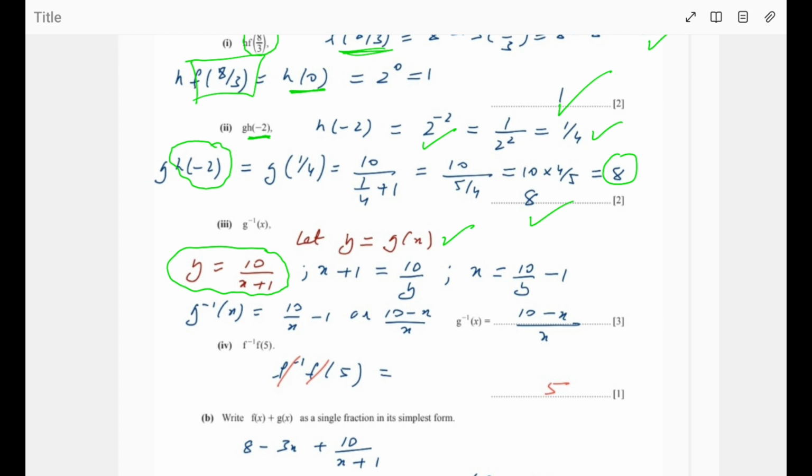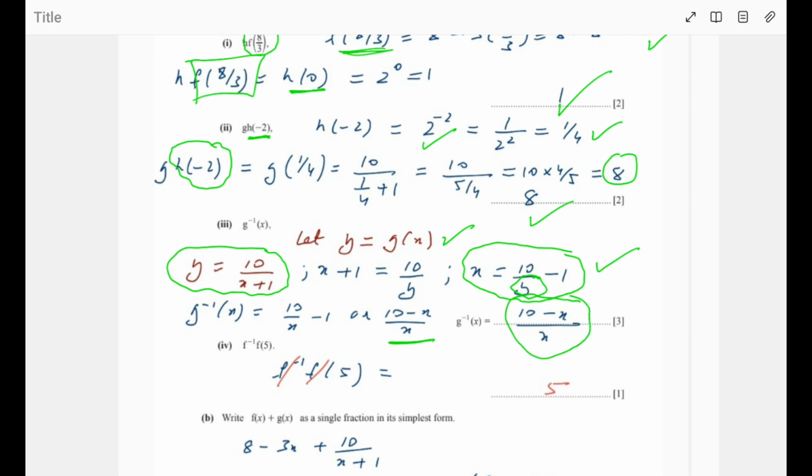On simplification, you will get x = 10 over y minus 1. Now here you separated x. So once x is separated, you will write g inverse of x, in which you replace y by x. So your answer is 10 over x minus 1, which you can further simplify as this. So both ways it is correct.